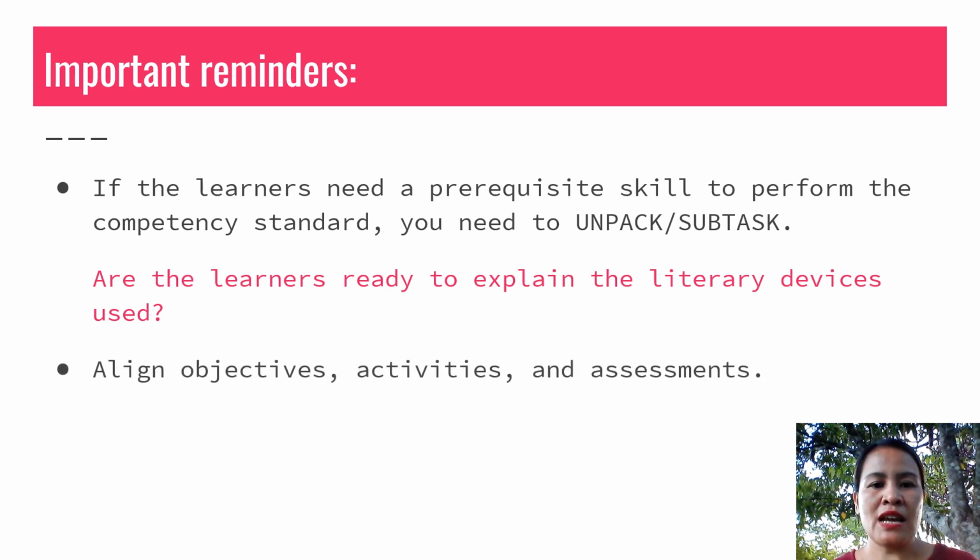Another reminder: align objectives, activities, and assessments. So in your instructional materials or in your lesson plans, always align your activities and assessment tools to the objective or the competency. So at the end of each lesson or at the end of your module, you need to ask the question, were the objectives met?